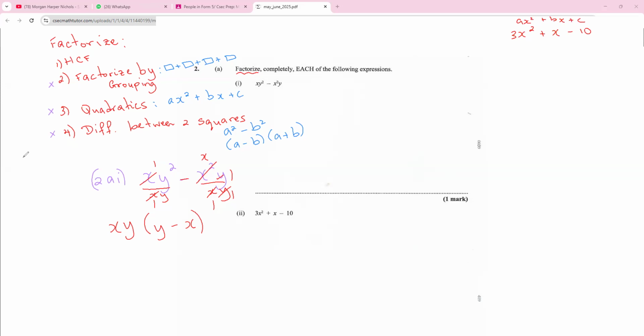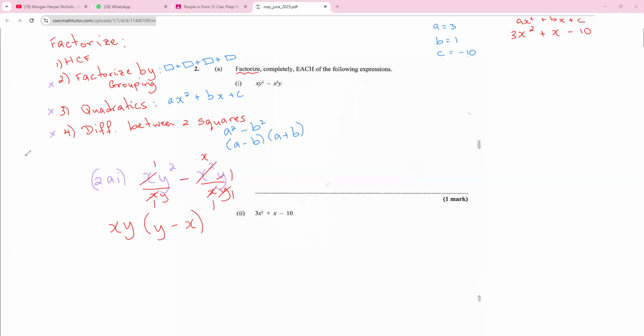So we're going to follow quadratic factorization. Remember, you let us know what is a. So a is 3. The number in front of x squared is a. The number in front of x is b. We don't see any number in front of x, so we understand that b is 1. And c is negative 10.